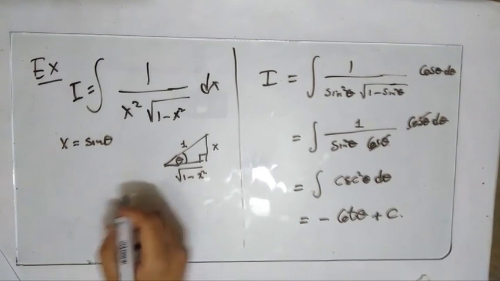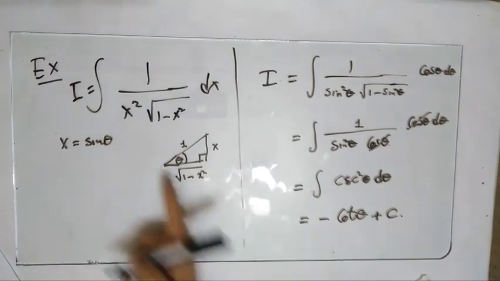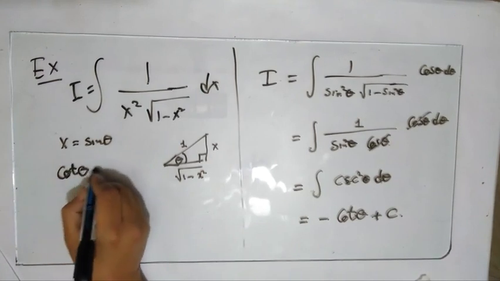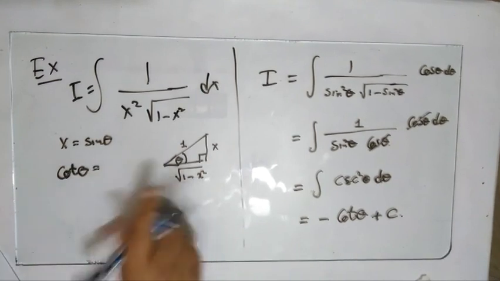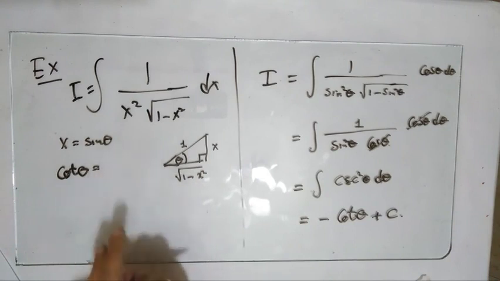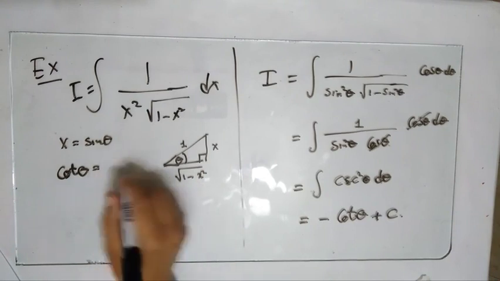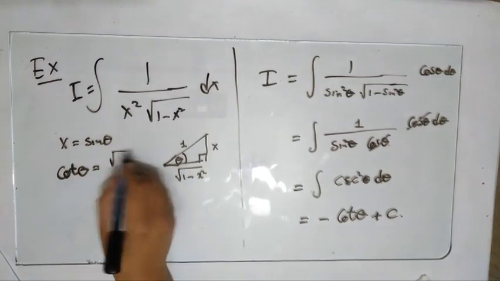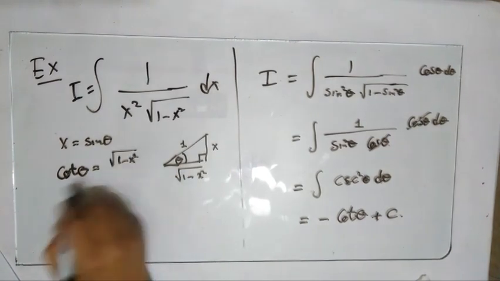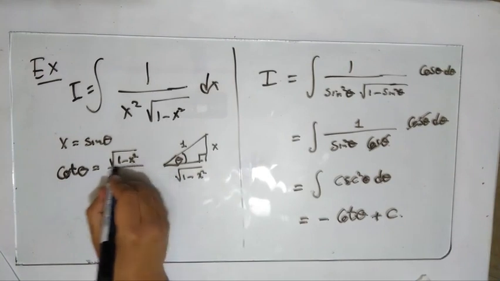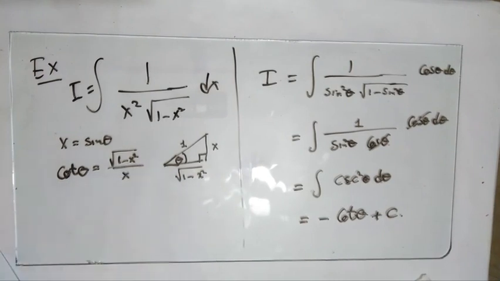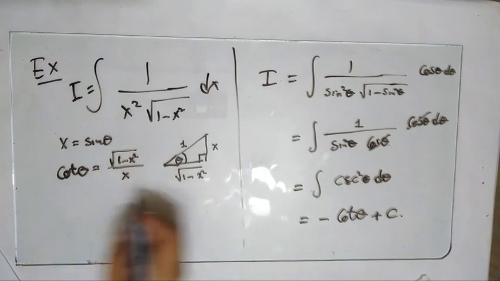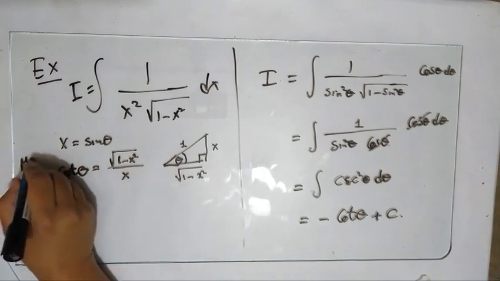Now if I want to calculate cotan theta, what's cotan theta? It is the reciprocal of the tan, so it will be the adjacent over the opposite. So it will be the square root of 1 minus x squared over x.